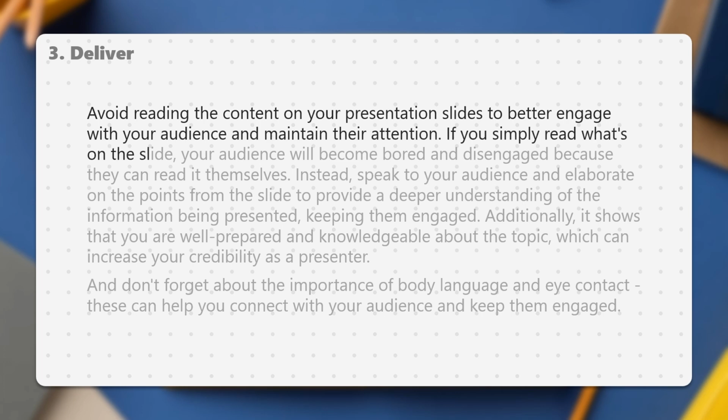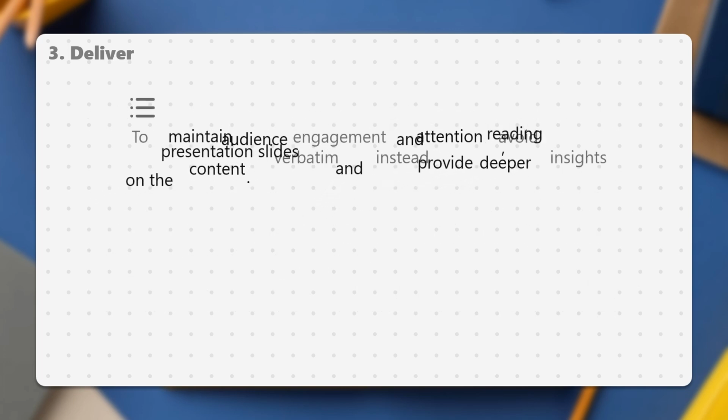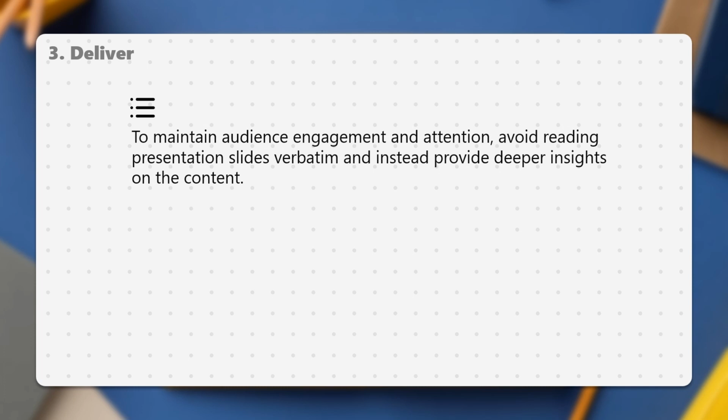If you simply read what's on the slide, your audience will become bored and disengaged because they can read it themselves. Instead, speak to your audience and elaborate on the points from the slides to provide a deeper understanding of the information being presented.